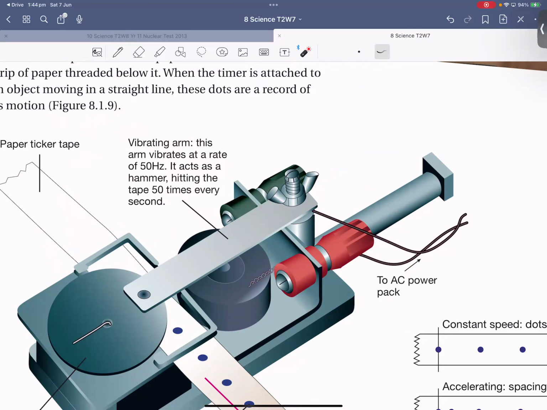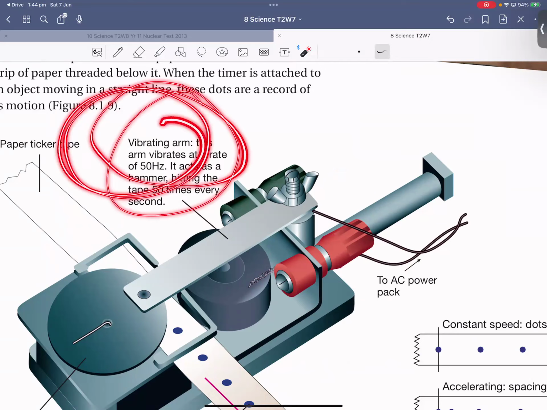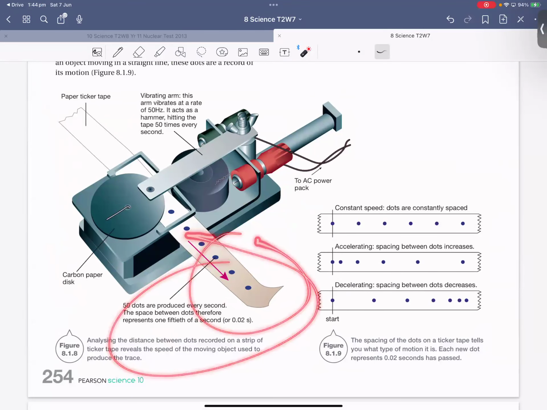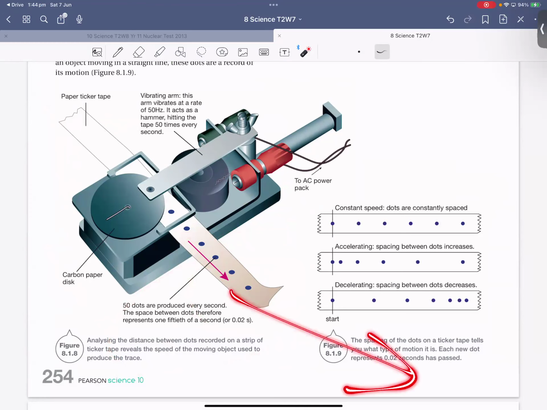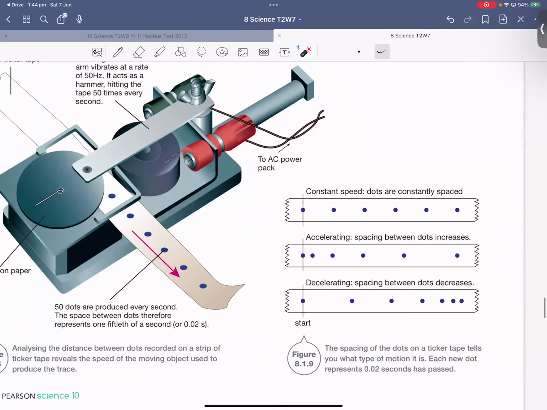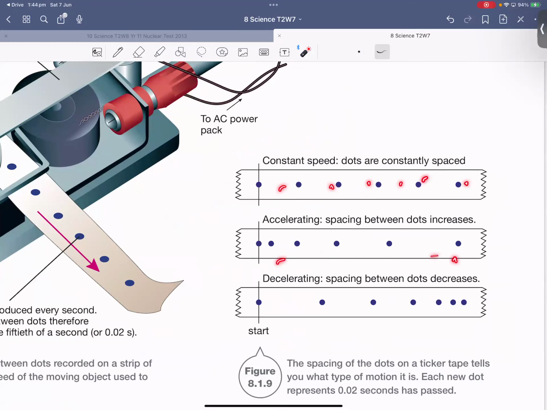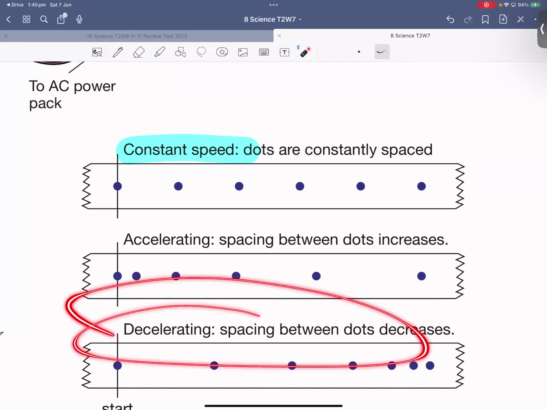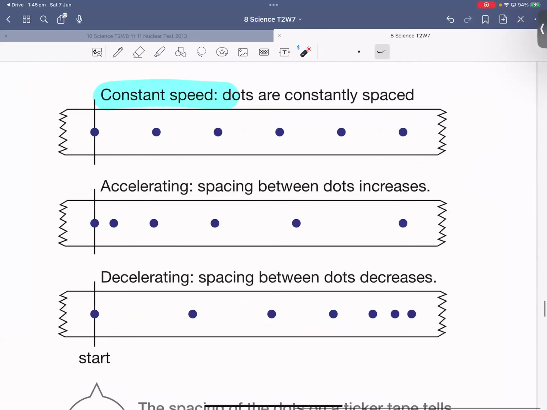It vibrates at a certain frequency. You connect this to the object, and as it moves, you can check the space between dots. If the space is the same, it's traveling the same distance in the same time, hence constant speed. If it's accelerating, it's getting faster and the distance between dots increases. Decelerating is the opposite. Everyone will do this experiment once, so you have to know it.